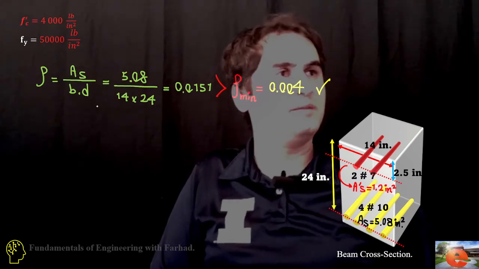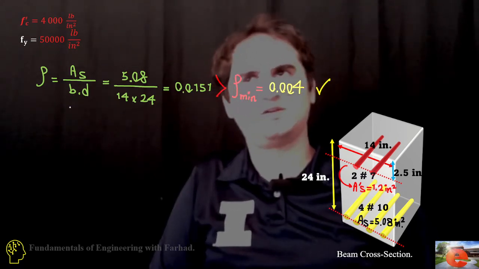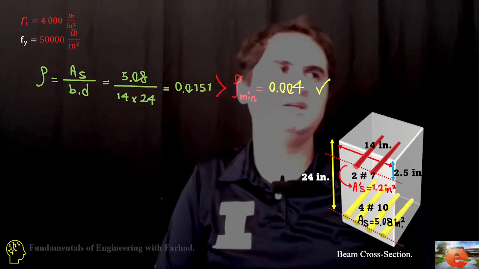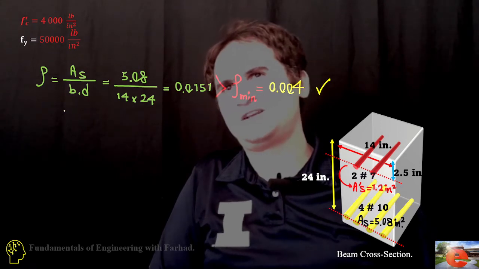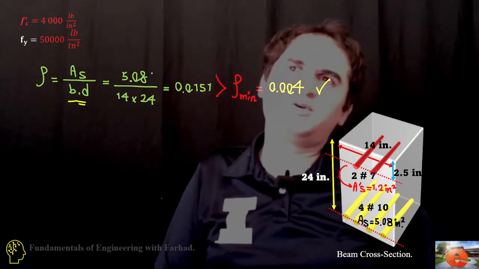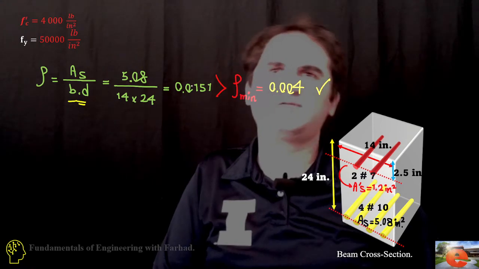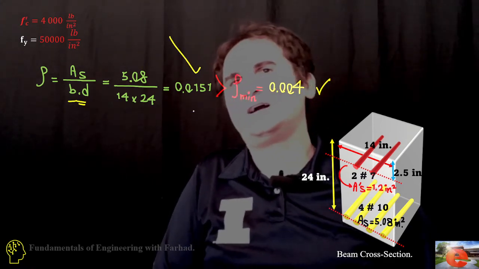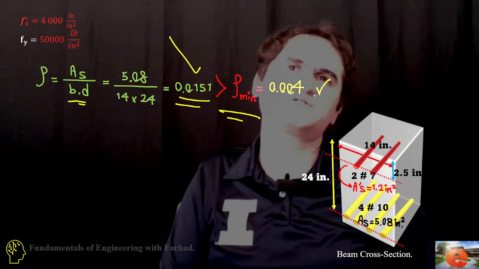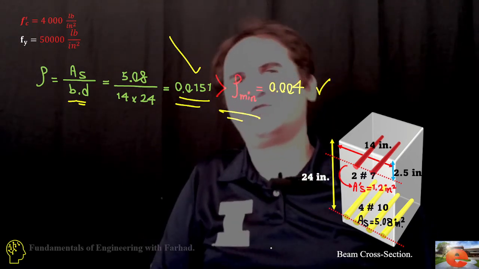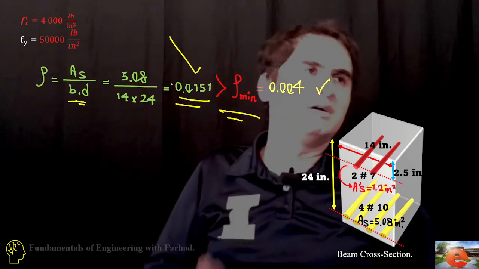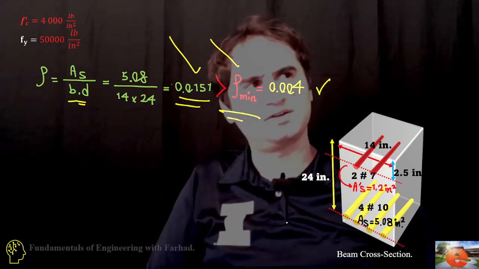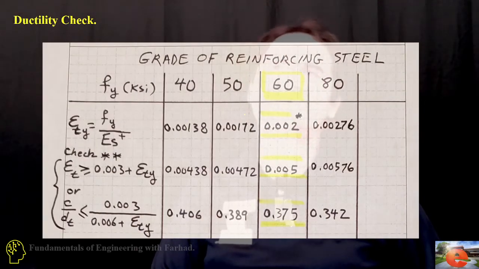Our available rho, the density of steel, is area of steel over the cross section up to effective depth, 5.08 over 14 times 24. It gives us this amount of rho, and it should be higher than rho minimum, which is 0.004, and definitely we have passed the very first requirement, the rho minimum requirement.